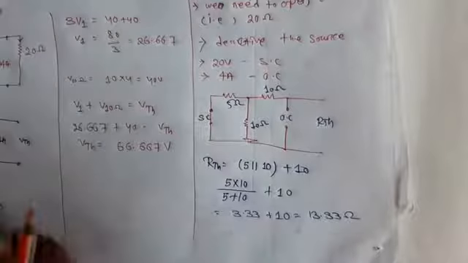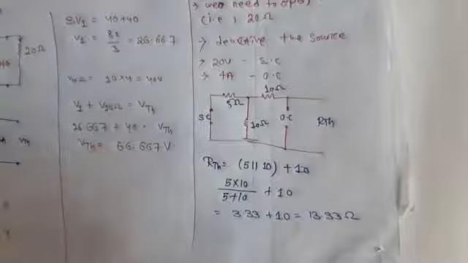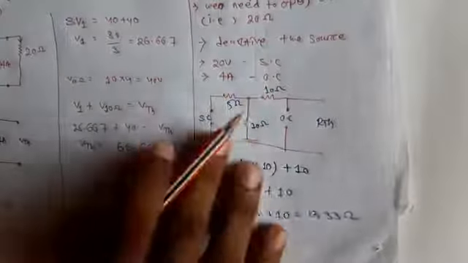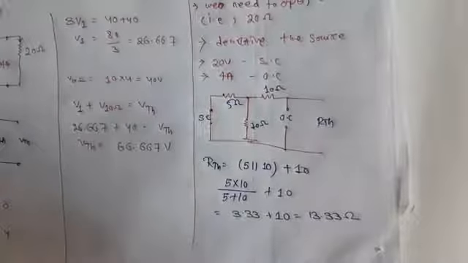Our first step, VTH, and second step, RTH, are completed. Next we need to draw Thevenin's equivalent circuit.